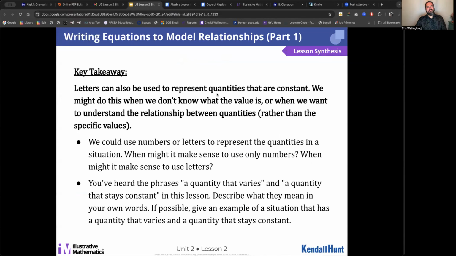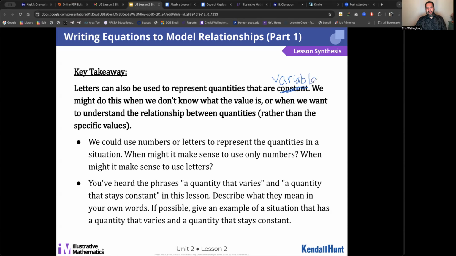We might, let me put a change here. The author might have had a little problem here. Letters can be used to represent quantities that are variable, should not be constant. If it's a constant, we don't use letters. So it should be variable or not constant.